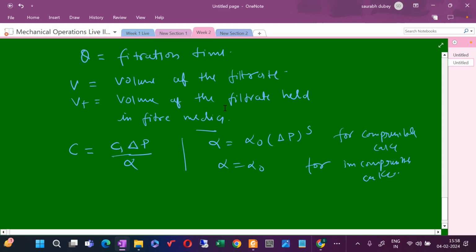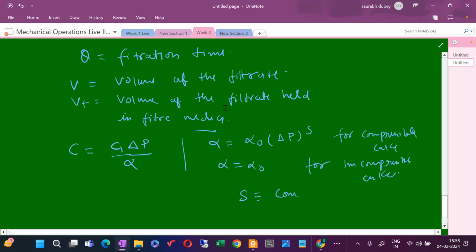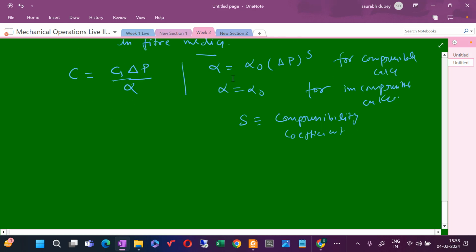This s is the compressibility coefficient or factor, and alpha is the specific cake resistance.